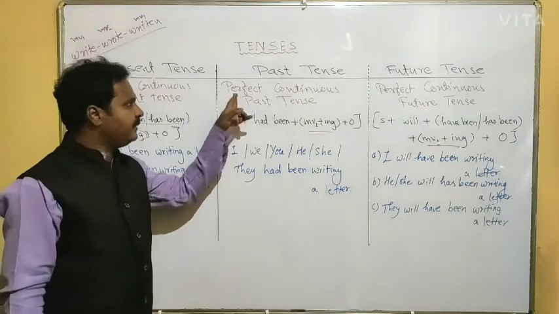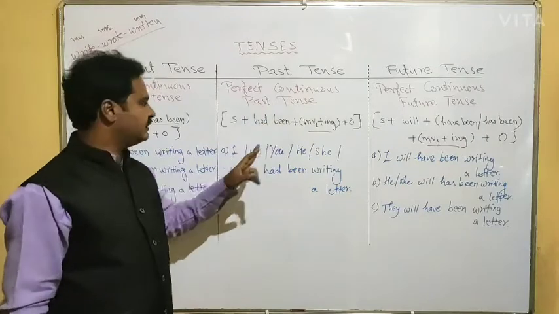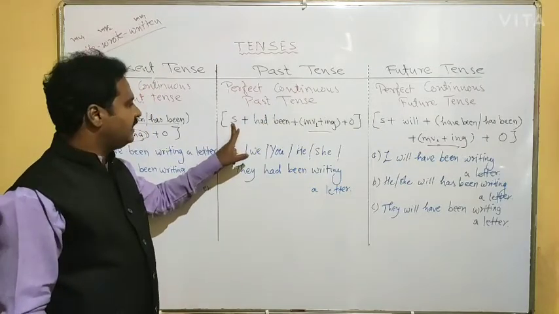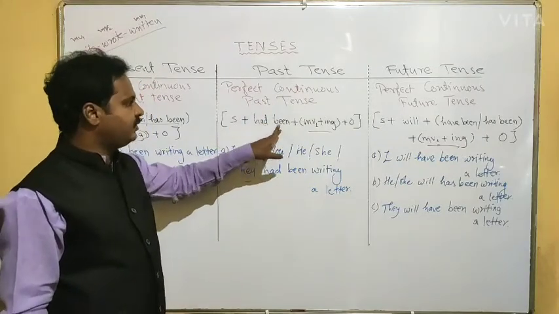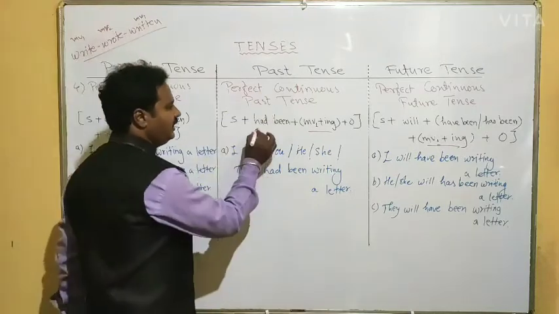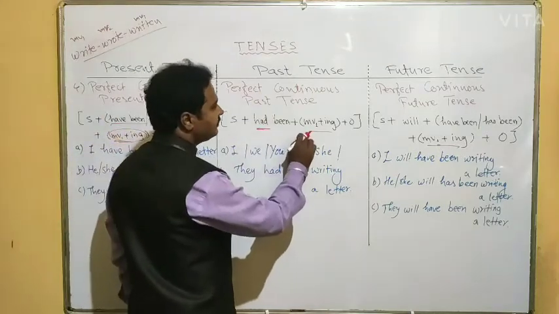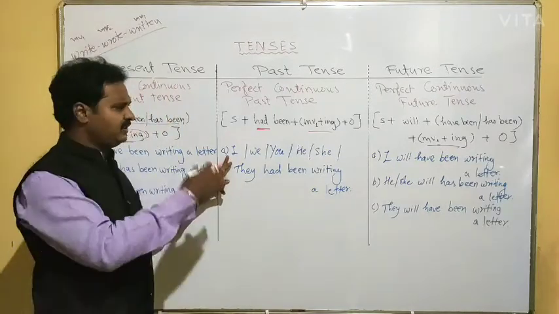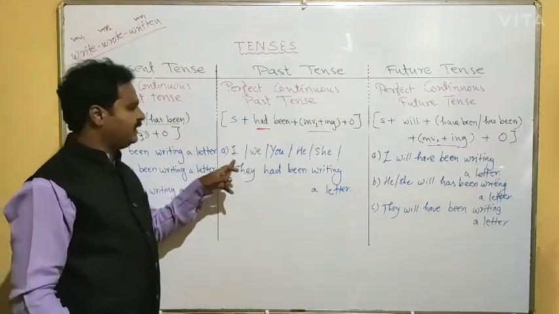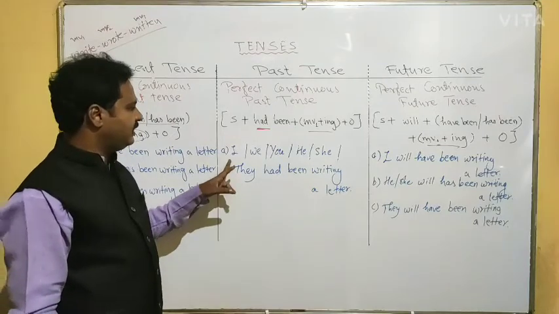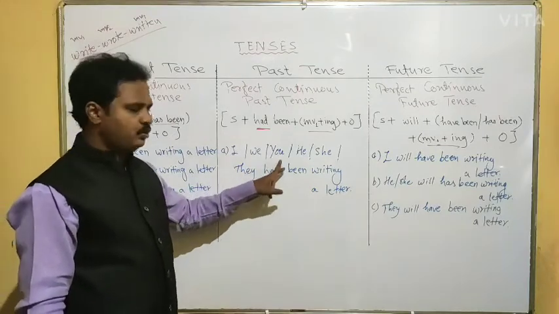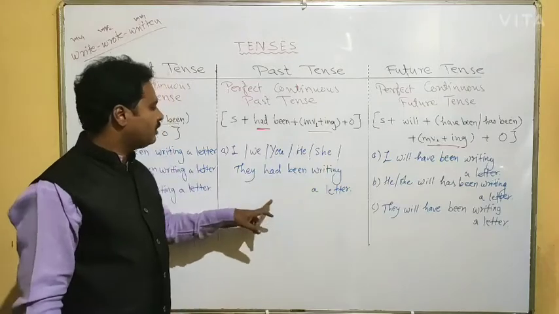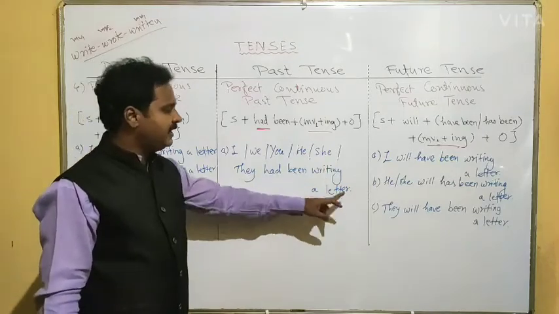The second one, see, perfect continuous past tense. The rule is subject plus had been, because it's past tense, that's why I use had only. Had been plus MV1 plus ing plus O. In all cases had is there, so I or we or you or she or he or they had been writing a letter.